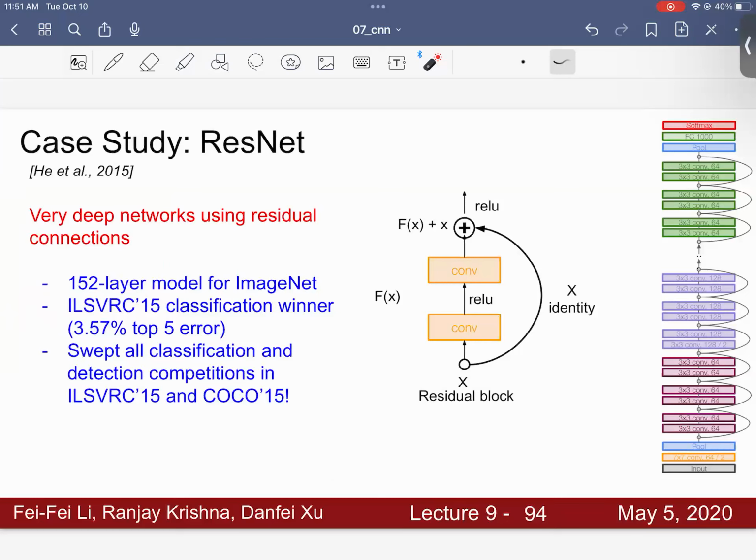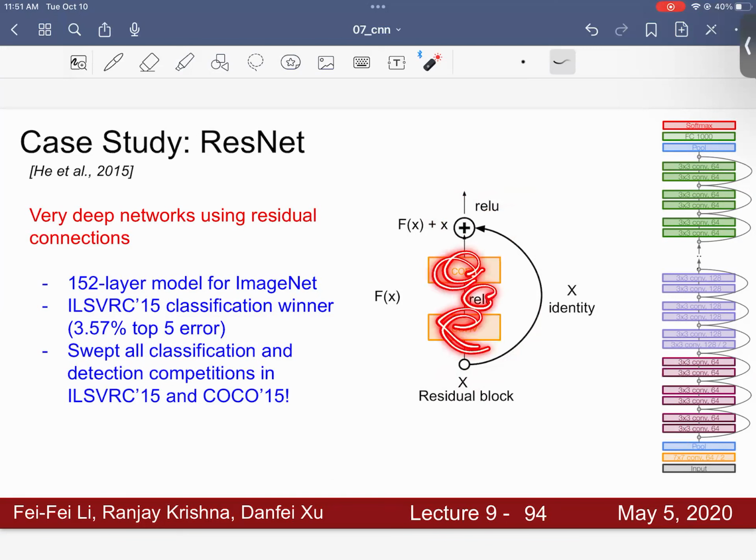So if you look at what a residual connection is, there's an input, then there's an output, and there's a skip connection or residual connection. This is a standard conv, conv nonlinear, and they put another conv here. And then that is usually the output.